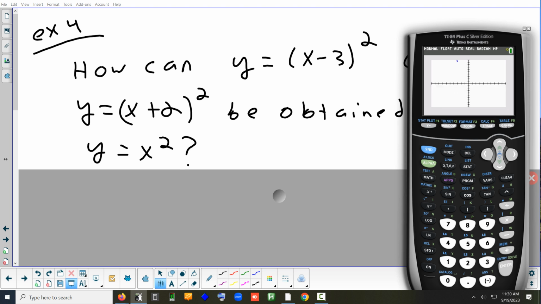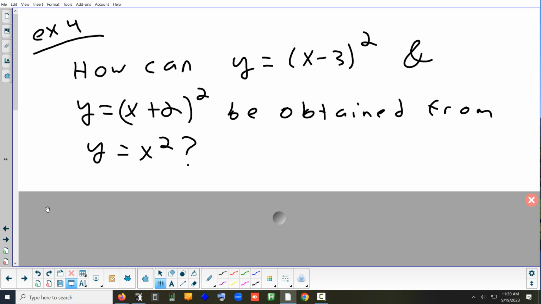Let's see what happens. There's the original, and here's x minus 3. It moved to the right 3 units. So this one is the opposite of what you would think. I'm not going to write it formally. I'm just going to say here this is shift right 3.